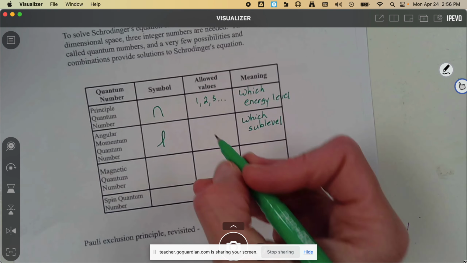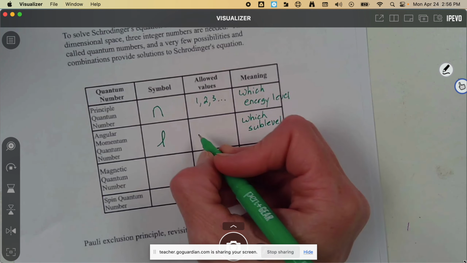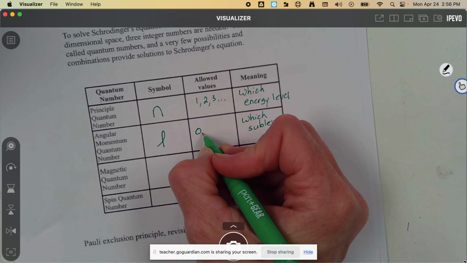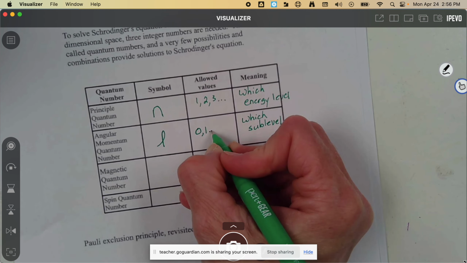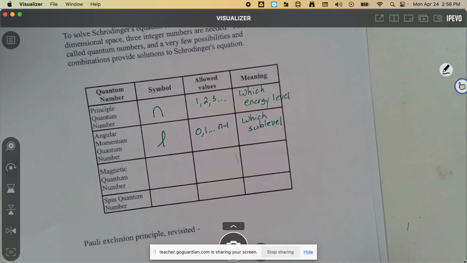And its allowed values are 0, 1, all the way up through n minus 1. Now this is going to be really confusing just for a couple minutes, and then we're going to straighten out the mess.